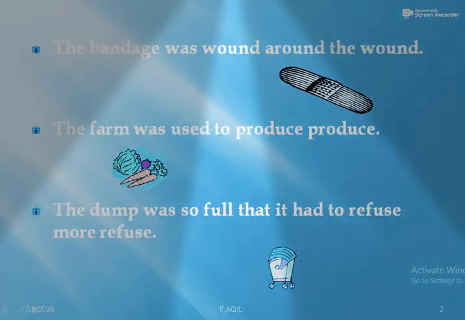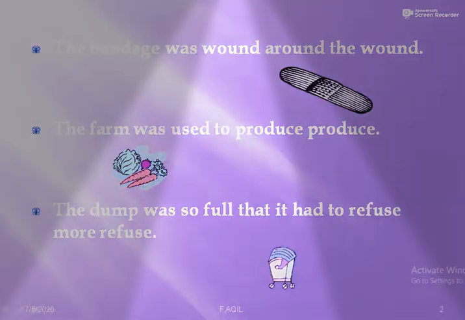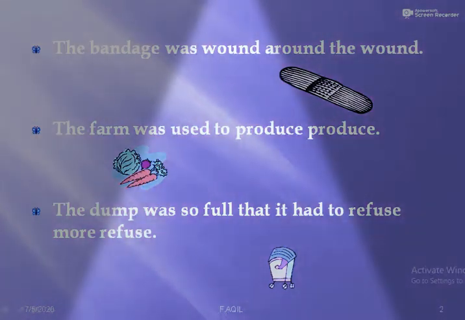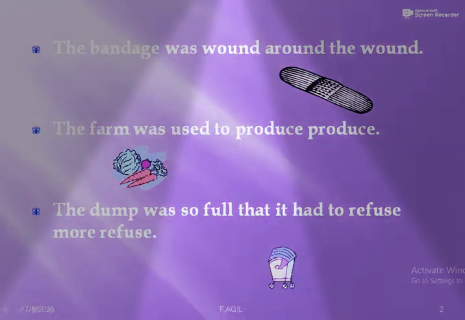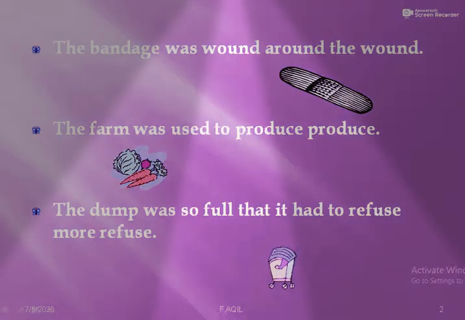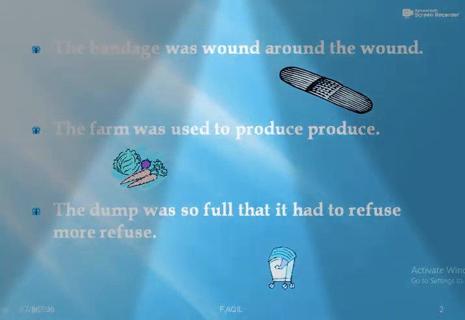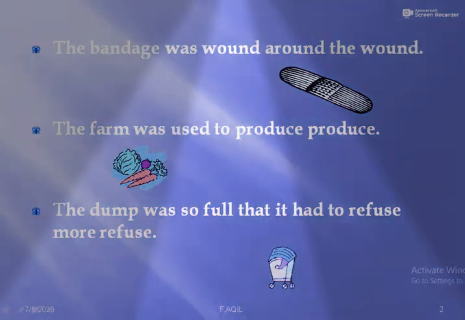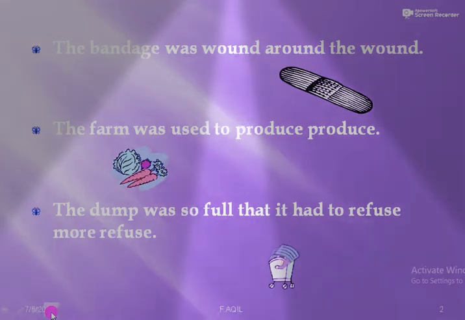And the second one, refuse, this is another name for garbage. So a dump is where we fill garbage, or like a dustbin that is shown in the picture. So it was so full that it refused more garbage or refuse. So you see we have similar words here, a little difference in the pronunciation only. And the meanings are completely different.